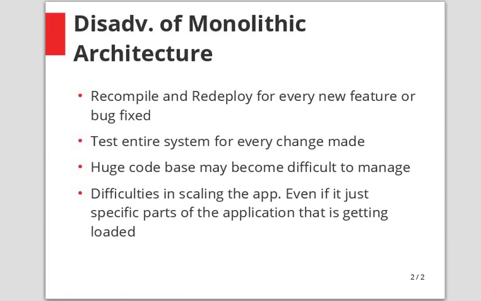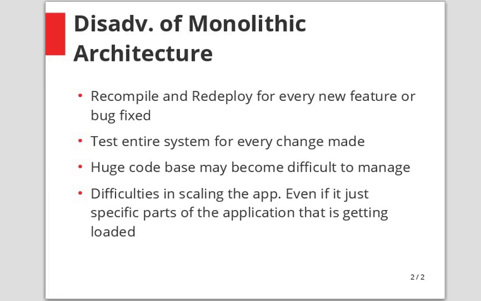The first disadvantage is that new features and bug fixes are difficult to develop and deploy, because each time you will need to recompile and redeploy these new features and bug fixes in the application.